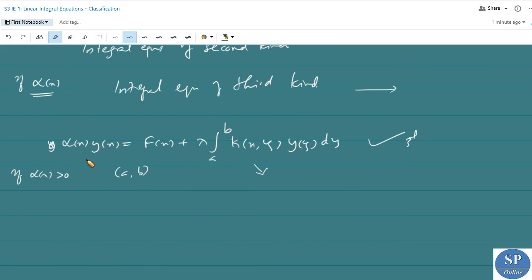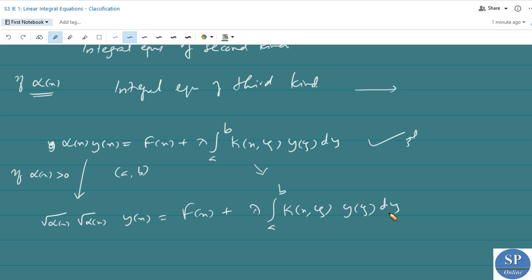So this equation can be written as square root of alpha x into square root of alpha x into y of x equal to f of x plus lambda into integral a to b k of x zeta y zeta d zeta, when alpha x is greater than 0.